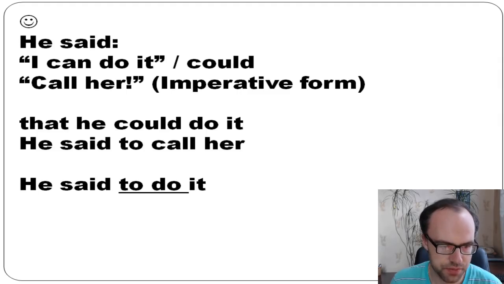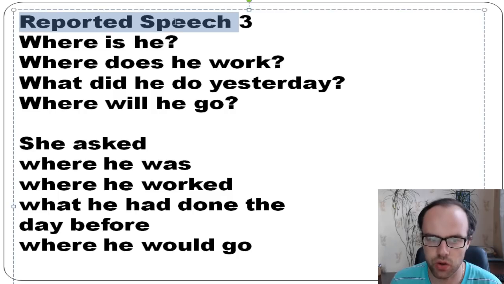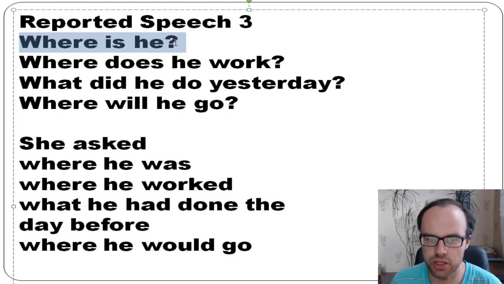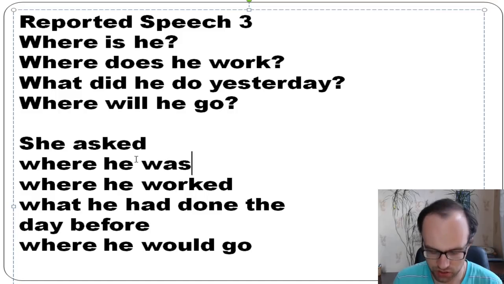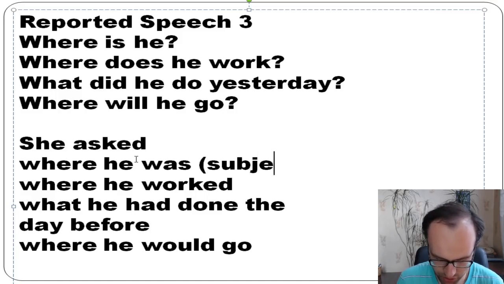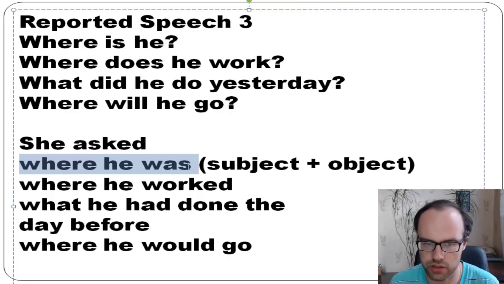Well, next, reported speech part 3. You have these questions, where is he, and you need to say it in reported speech. So she asked where he was. You put the subject in the first place, and then you use the object, because it's an indirect question.